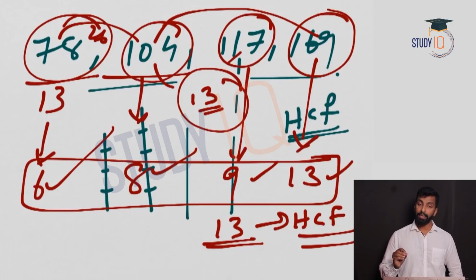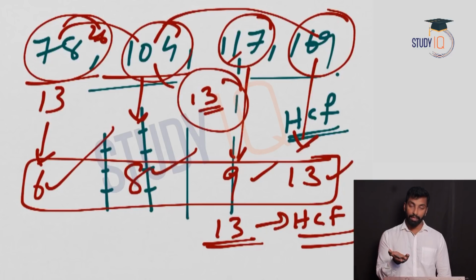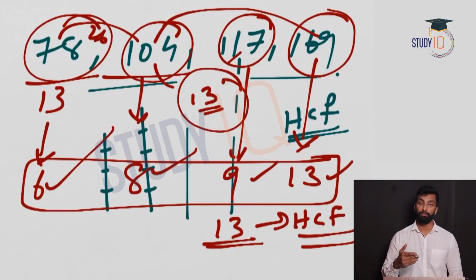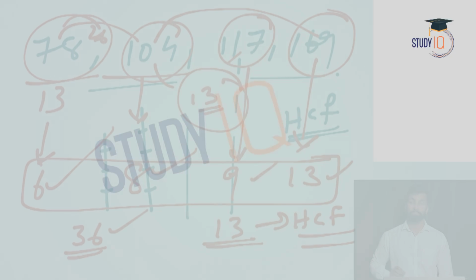So what is the idea? You need to find the HCF because they asked us to find the maximum length possible without any wastage. After that, they ask how many pieces are possible. So take each rod, divide by 13, see how many pieces you can get from each rod and add them up. You will get 36 as your answer.